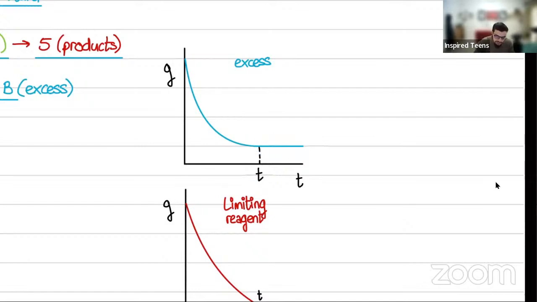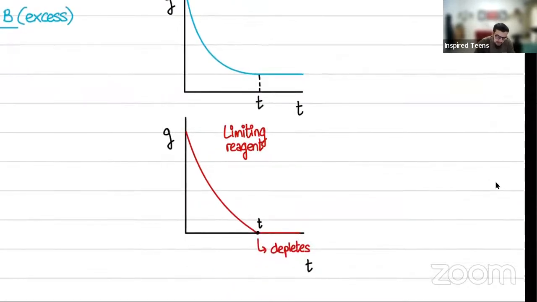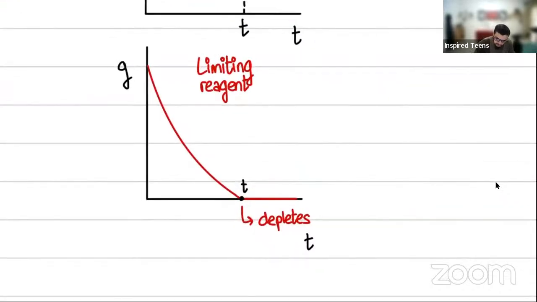You can see it's decreasing until it gets to time t where it just remains constant. That means that we were using it up until the reaction completed, and then we didn't need to use any more. And we can see at the same time interval t, for the limiting reagent, it goes to 0 because it is used up completely.